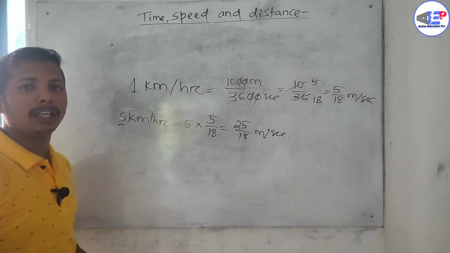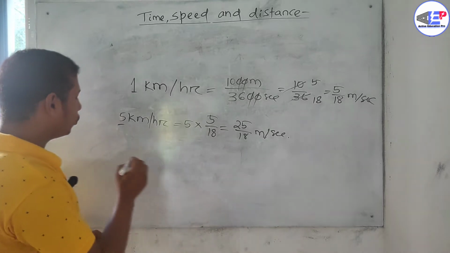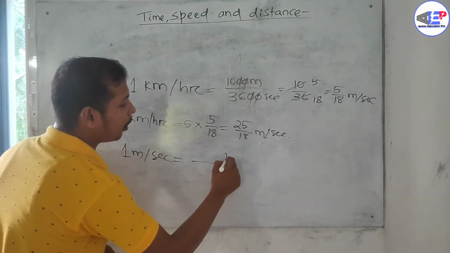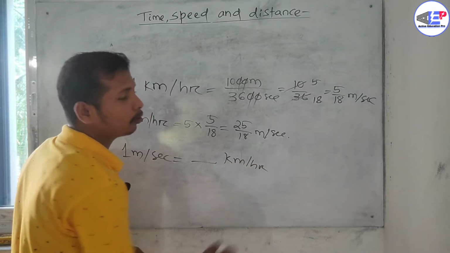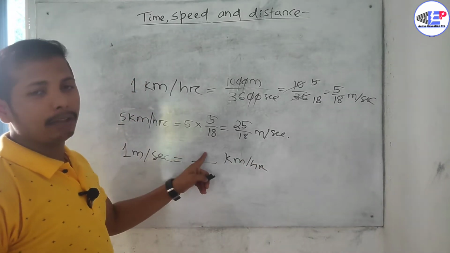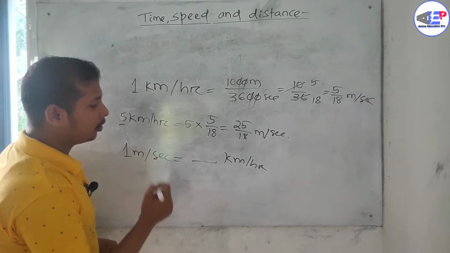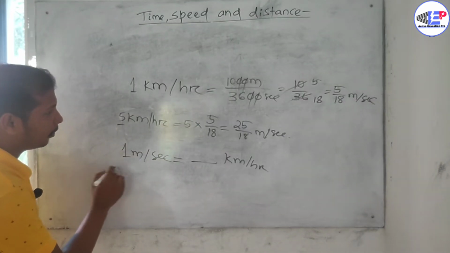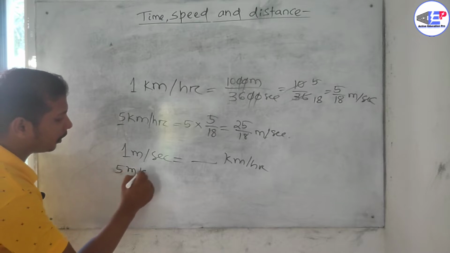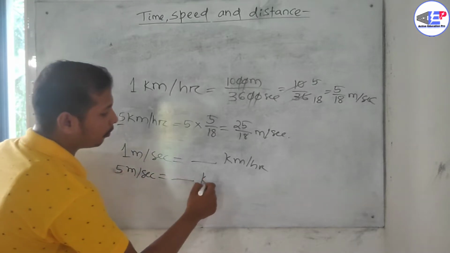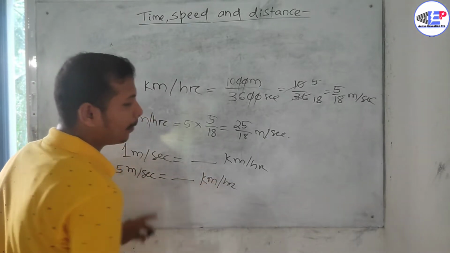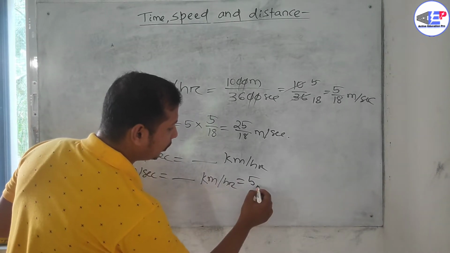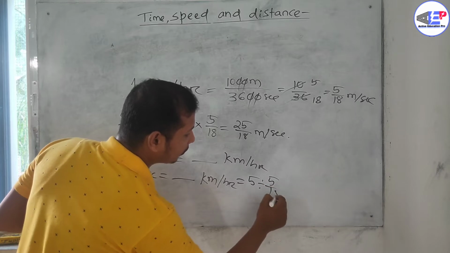Similarly, if the case is reversed, that means we have to convert meter per second to kilometer per hour, we have to divide that unit with 5 by 18. For example, we have to convert 5 meter per second to kilometer per hour. That means we have to divide it with 5 by 18. So it will give 5 divided by 5 by 18.